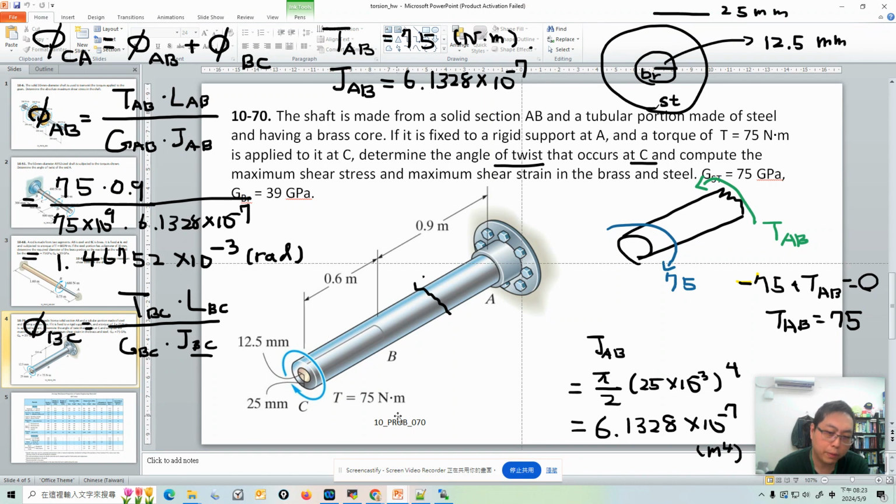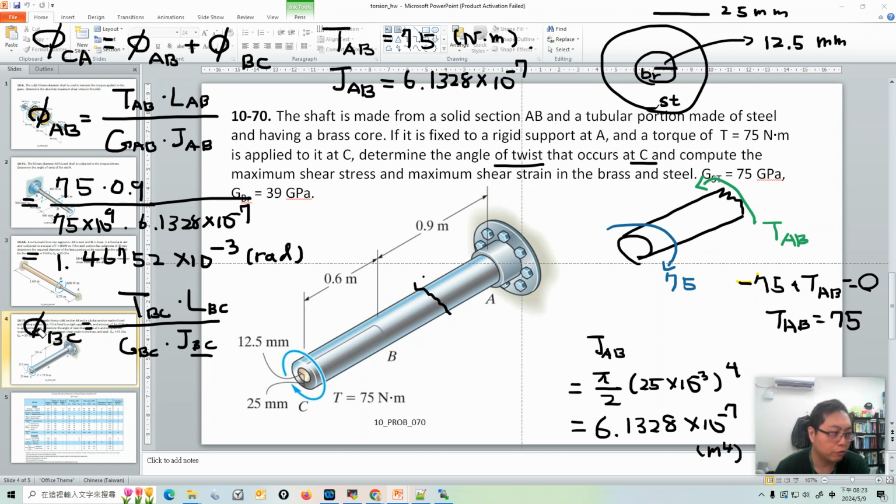So for the angle of twist on the BC section, you cannot use this formula directly. You have to use another method to calculate the torque at the BC section. How to do that? That's the difficult part of this problem. So we have to continue.